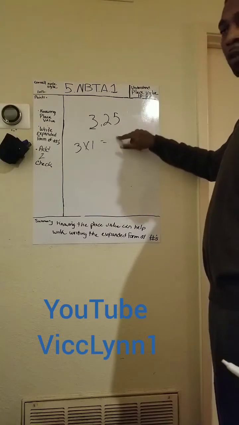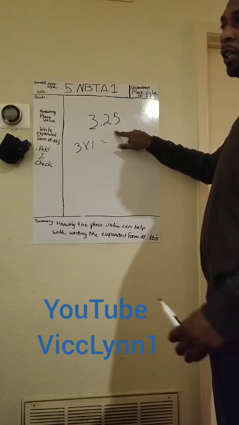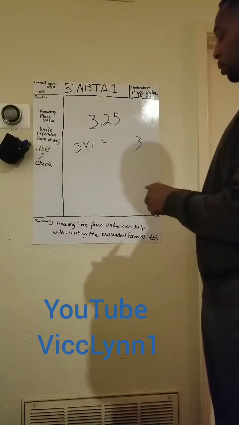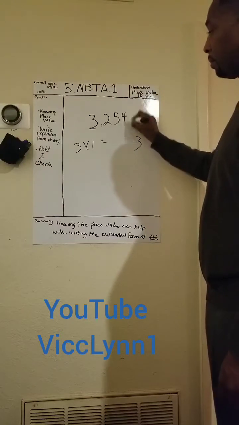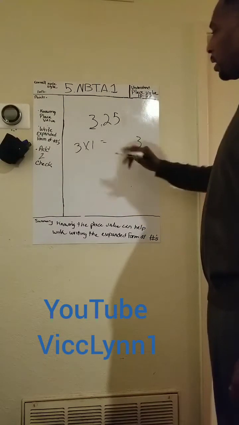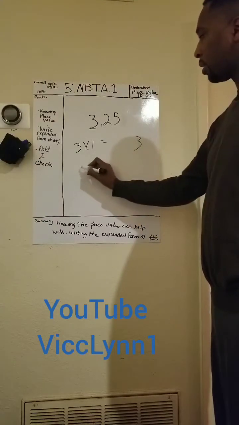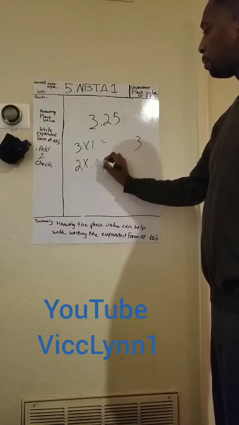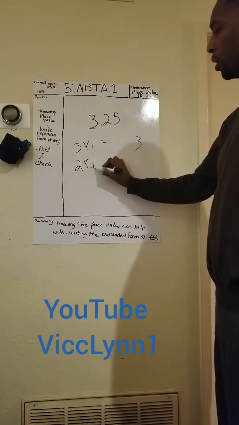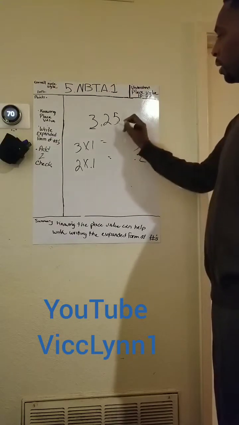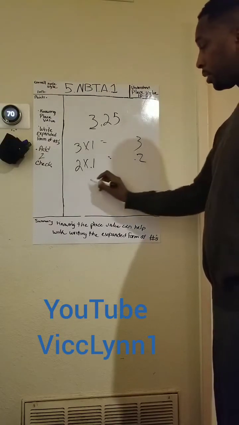Tenths, hundredths, next one, of course, would be thousandths. Okay? So this one right here, it's going to be the tenths. So it's going to be 2 times 0.1 because the 2 is in the tenths place. That's going to equal 0.2. 5 is in the hundredths place.